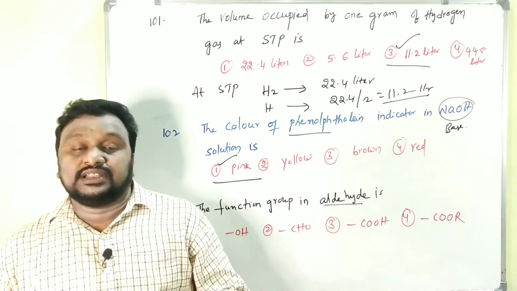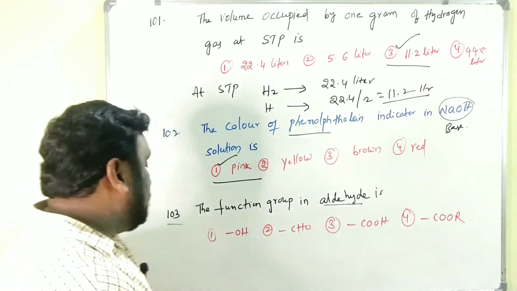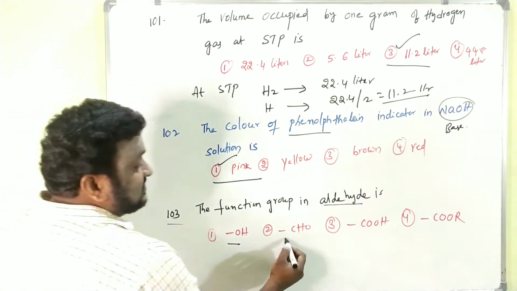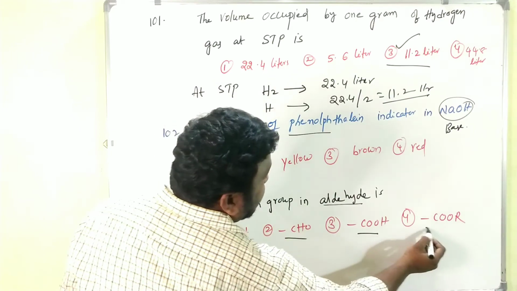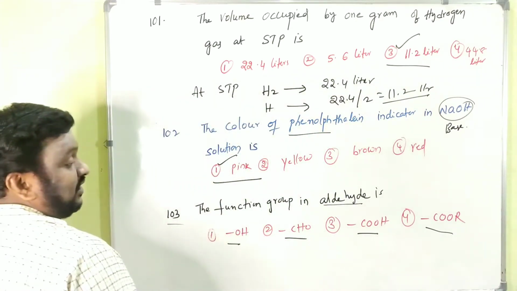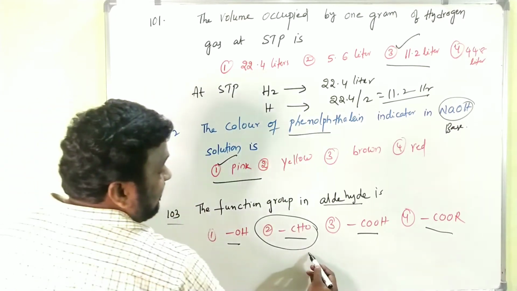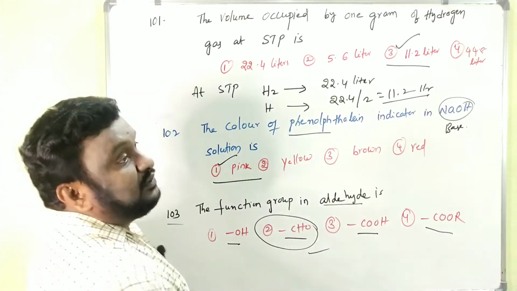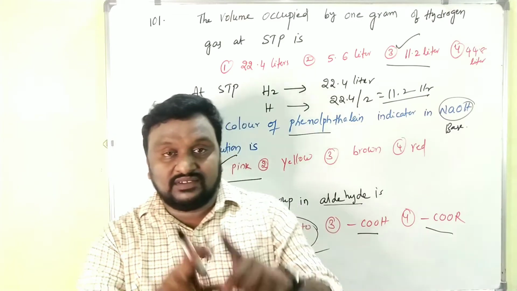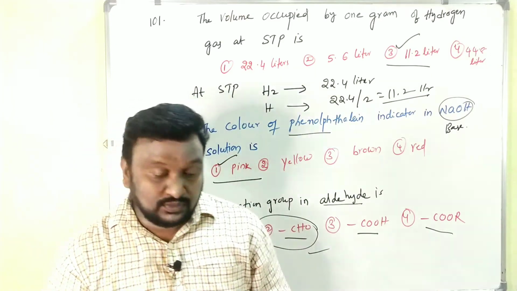Even though it is deleted, it is important. Options are given: OH and CHO, COOH and COOR. The aldehyde functional group is CHO. So this is the right answer. In our textbook, all the functional groups are given in a table form. Just look at it once.